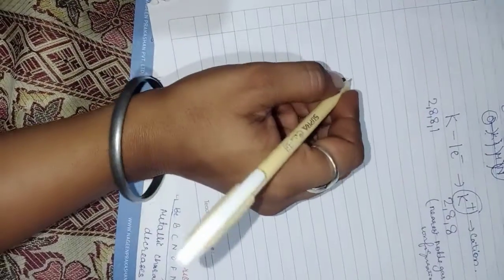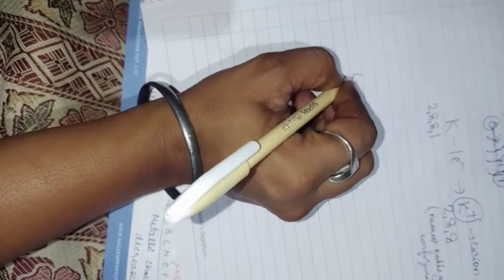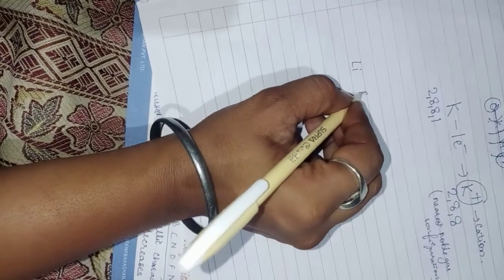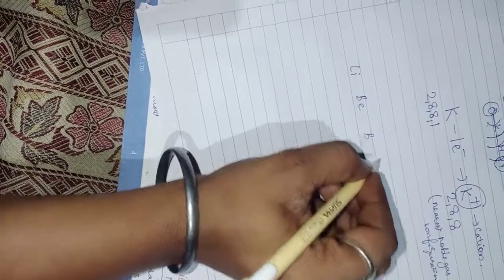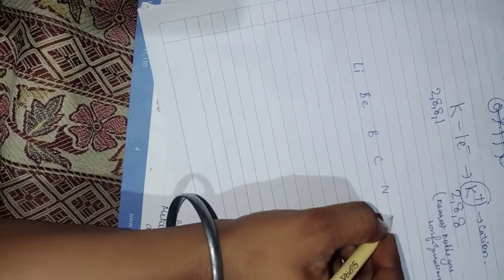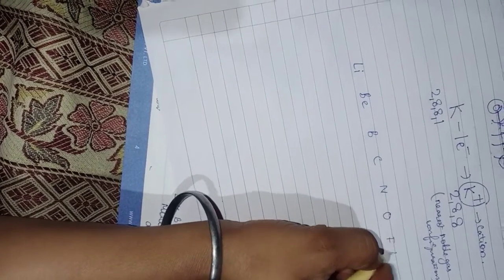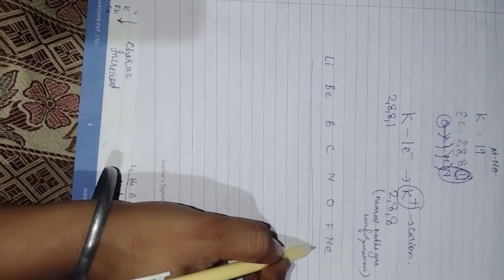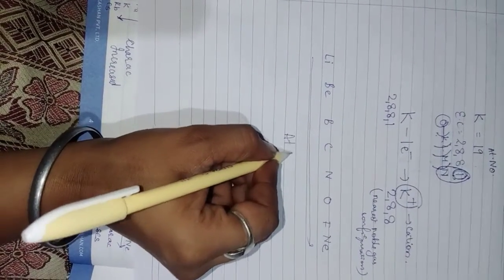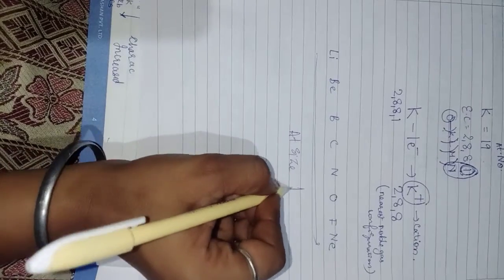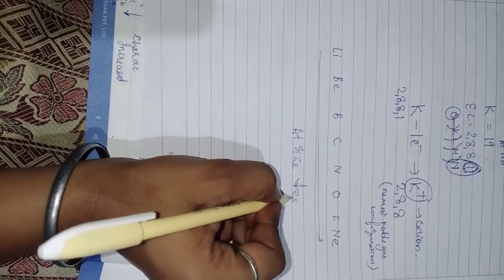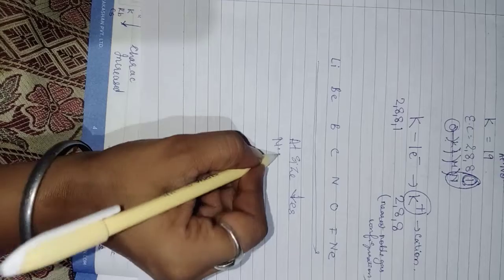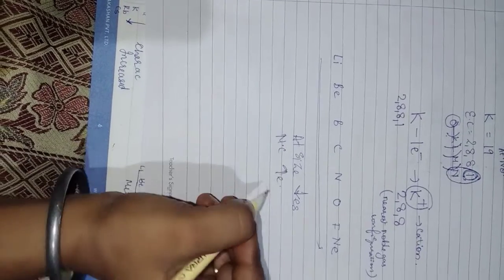Let us consider one example across the period: lithium, beryllium, boron, carbon, nitrogen, oxygen, fluorine, neon and so on. Now, we have studied already that across the period atomic size decreases and nuclear charge increases.